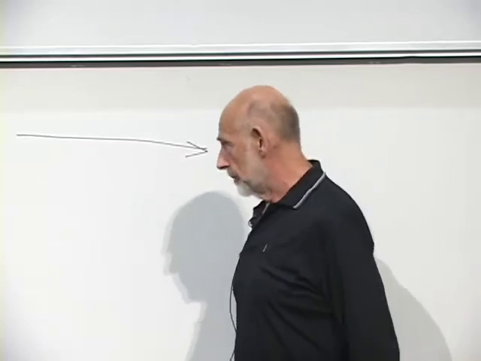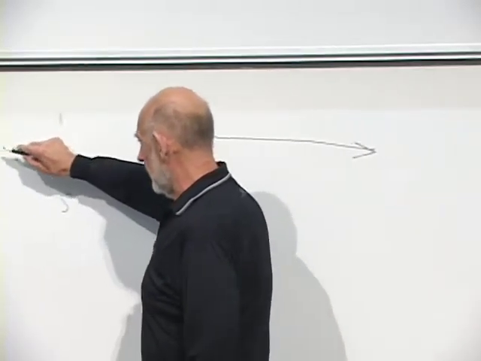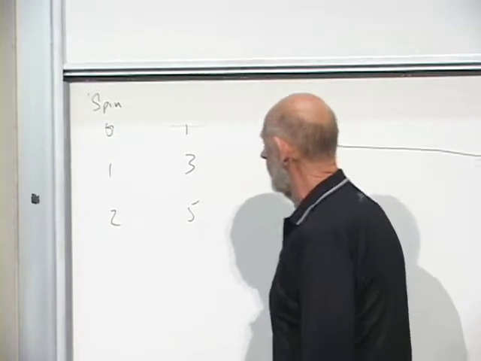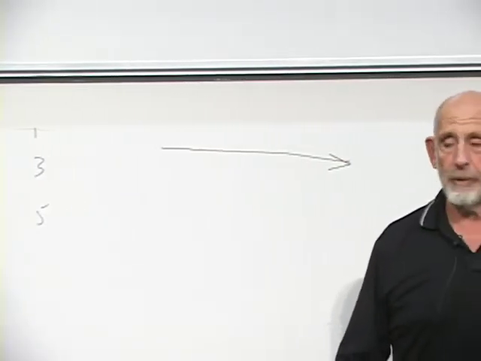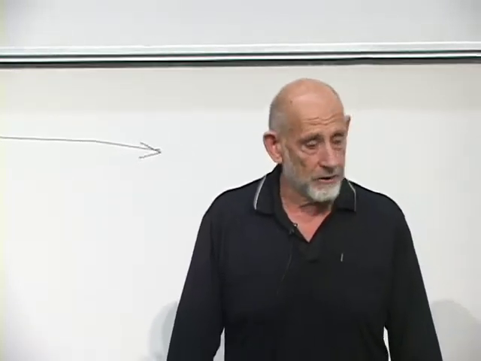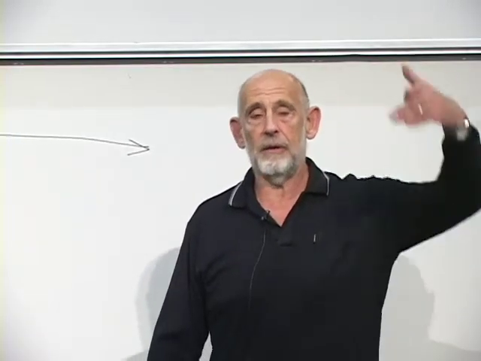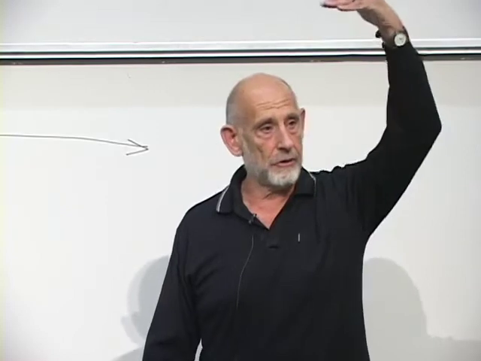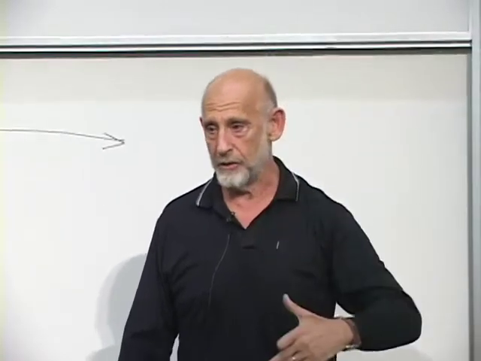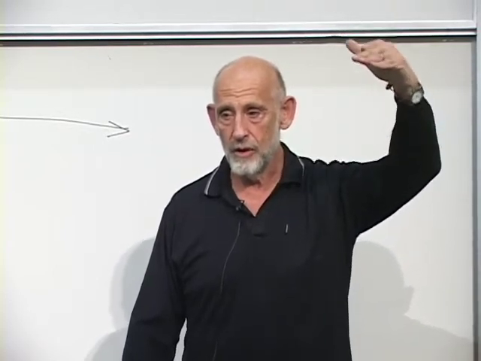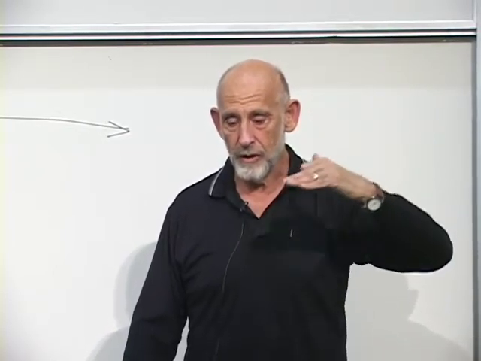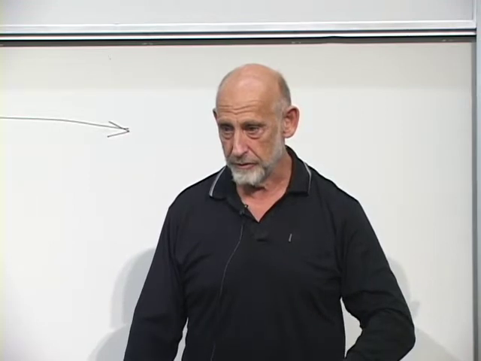Let's forget spin 0 here, that only has 1 state. But let's go to spin 1. What's the maximum spin along any given axis? The spin along any axis can be 1, 0, and minus 1. How about for spin 2? 2, 1, 0, minus 1, and minus 2.